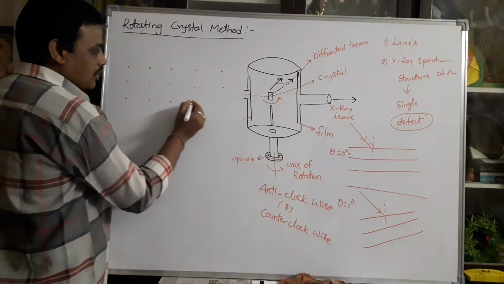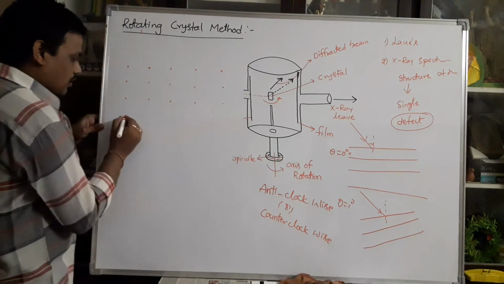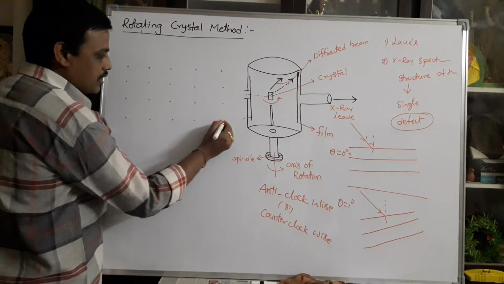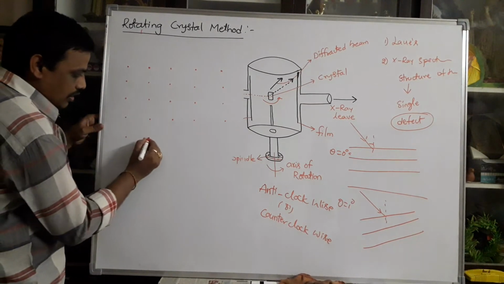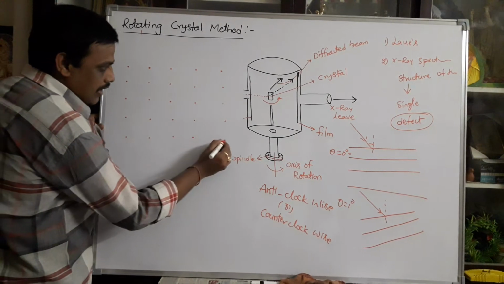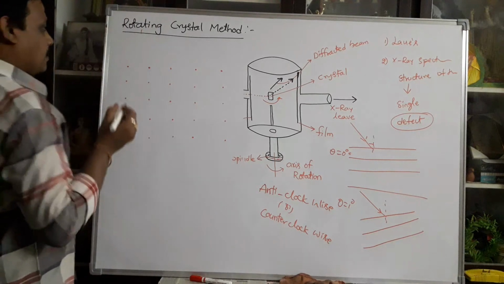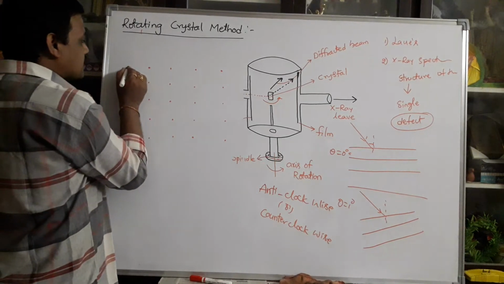So I am drawing the crystal. A crystal is nothing but a combination of lattice points, or otherwise a combination of lattice planes. So I am drawing the lattice planes.